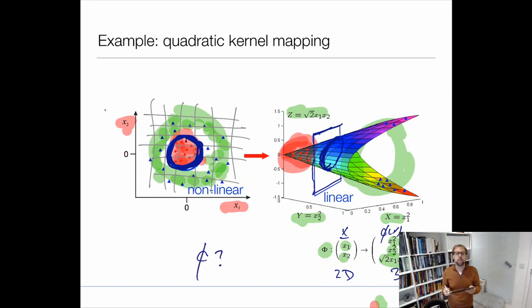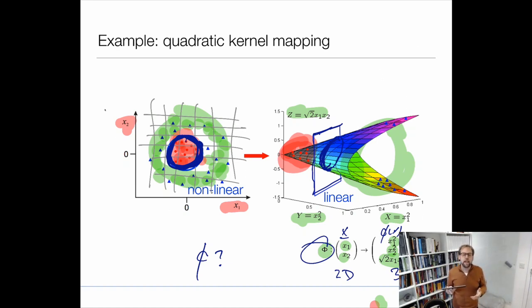You might ask me, where does this phi come from? In the picture, you can see that this phi corresponds to this cone, and if I do it like this, I can find a nice linear boundary in this high dimensional space. But in general, you'll ask, how do you come up with those phis?